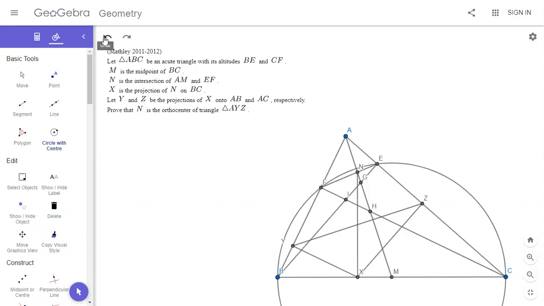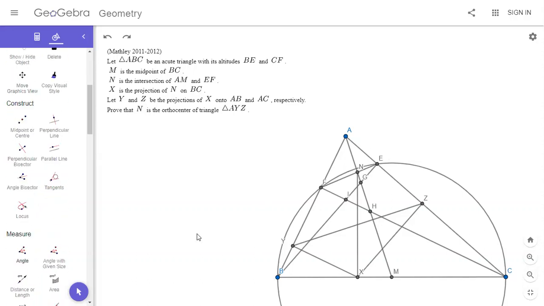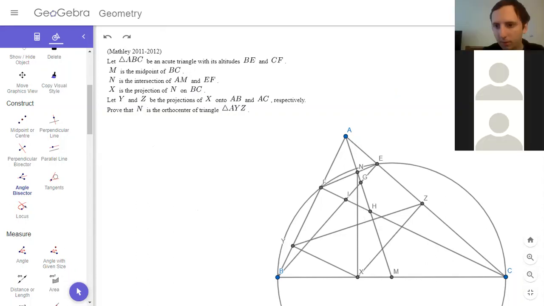But this looks a lot like the proof of Blanchet's theorem. So what's the angle bisector of BNC? Oops. Right?